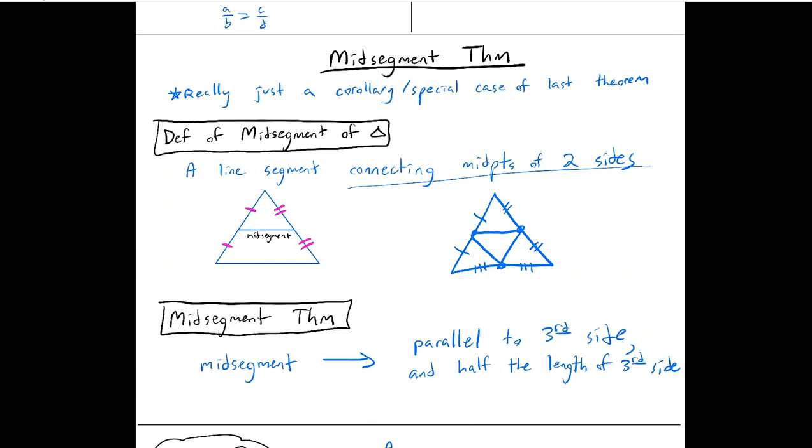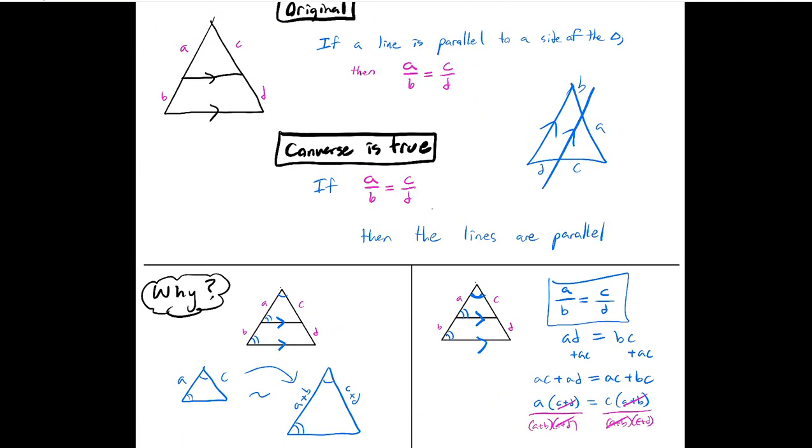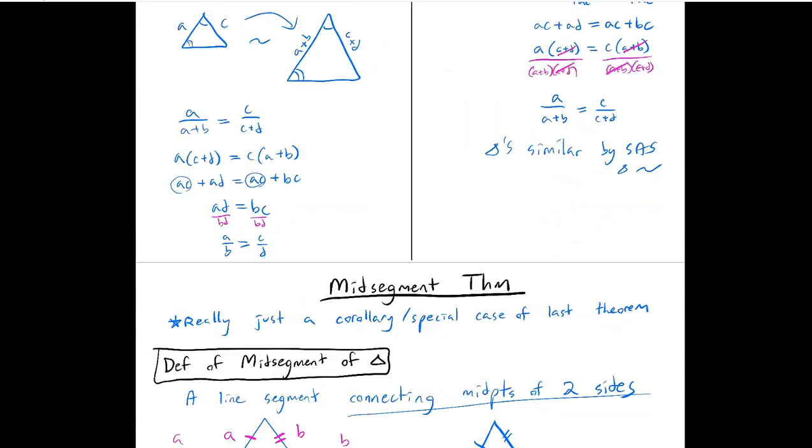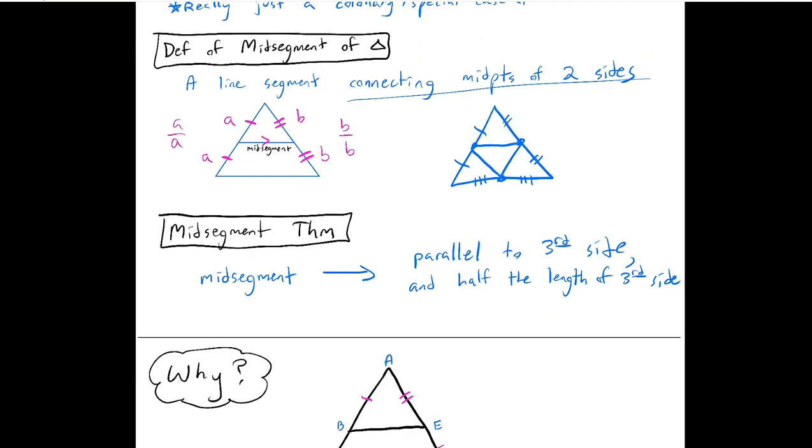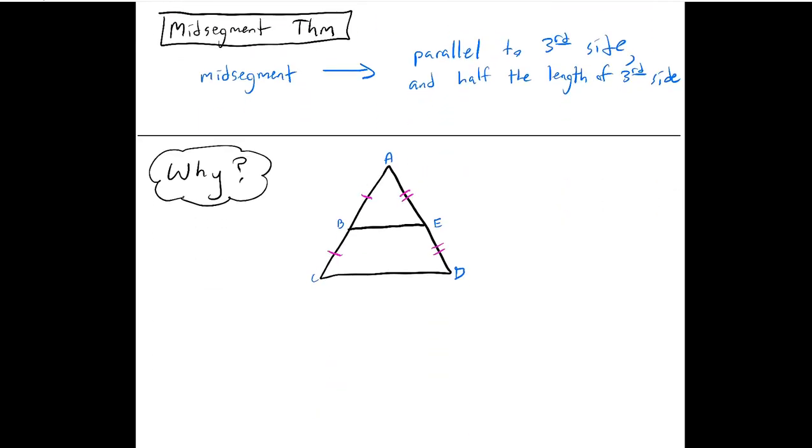Well, look at this. The mid-segment obviously cuts these sides proportionally. Here's A and A. Here's B and B. What's the ratio of A to A? And what's the ratio of B to B? That's 1 equals 1. So just by what we just did, if those ratios match, then the side is parallel. So great, it's parallel. And what's the ratio then? Well, this is exactly like comparing the two triangles. I'm reasoning it out here, right?